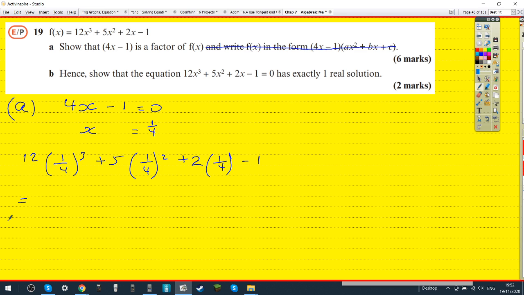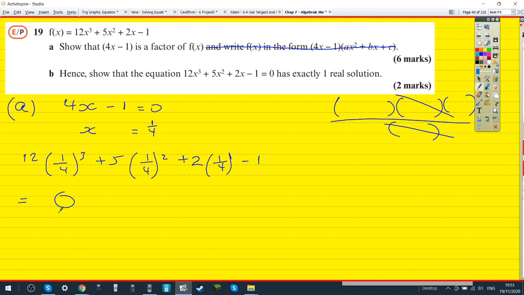If it's a factor, there's something you know about the remainder. Would it be 0? Yep. That's because if you've fully factorized the top and you divide it by a factor, then that would cancel out. So there'd be no remainder. Remainder would be 0.